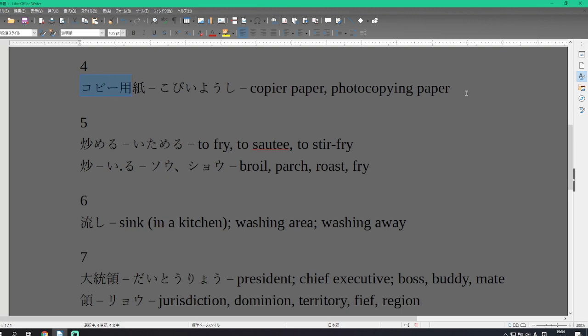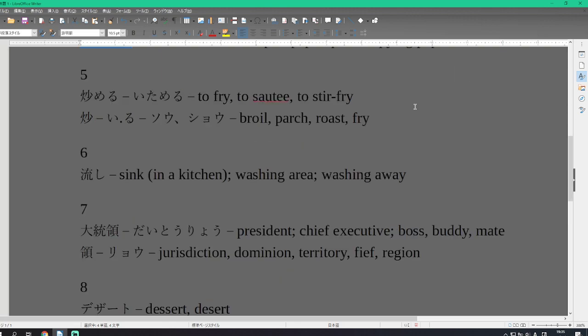So the copy use paper is the kopi yoshi.